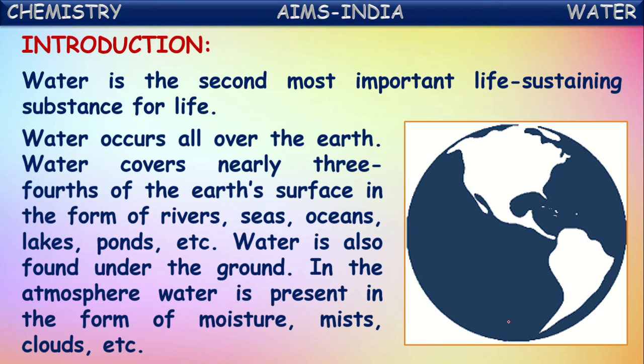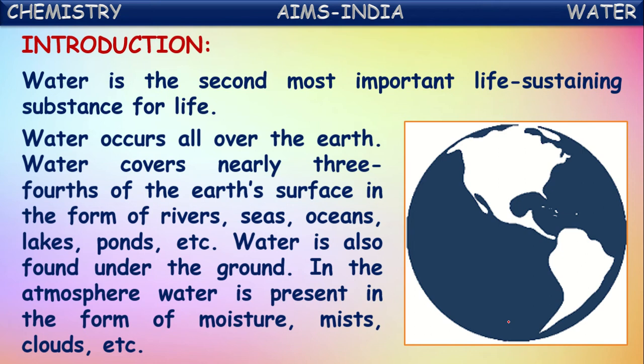We collect this groundwater often in the form of bore wells and with motors. So water is available on the surface of the earth, and it is also present under the layers of the earth in the form of groundwater.